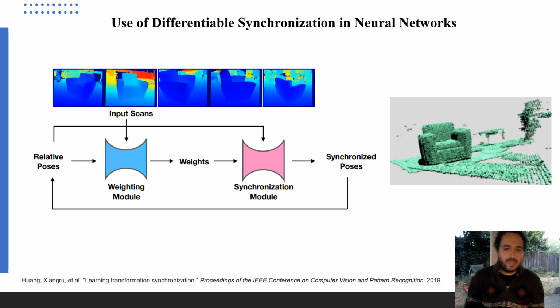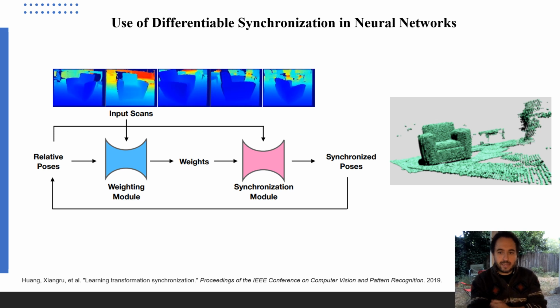So currently, some of the synchronization algorithms are actually differentiable, while some are not. And current neural network-based multiview processing engines, let's say, can use synchronization algorithms built in. So this is like building a deep declarative network where the optimizer is a synchronization module.